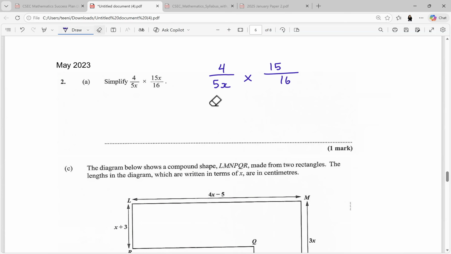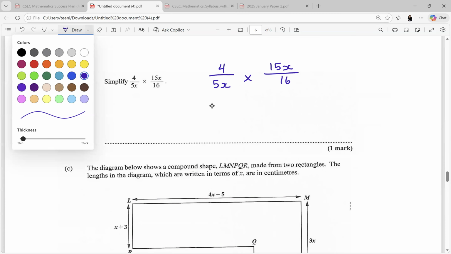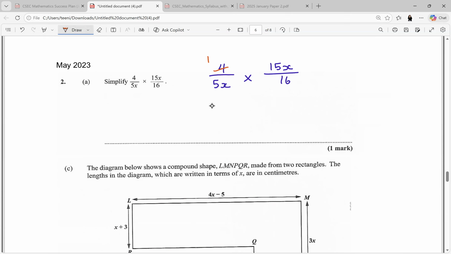So I will cancel, just like if you were working with fractions, you find common factors above and below or diagonally. So 4 into 4 is 1 and 4 into 16 is 4. And then 5x into 5x is 1 and 5x into 15x is 3. So this would give me 1 times 3, which is 3, and 1 times 4, which is 4. So that's one way.